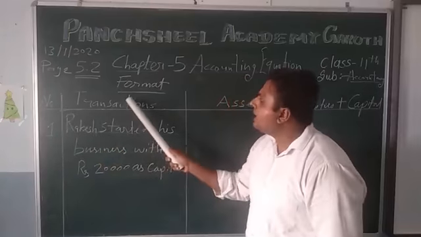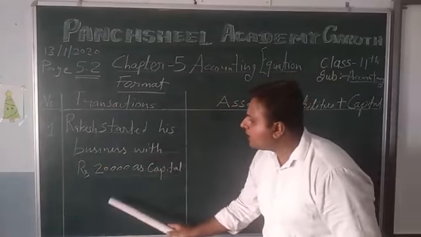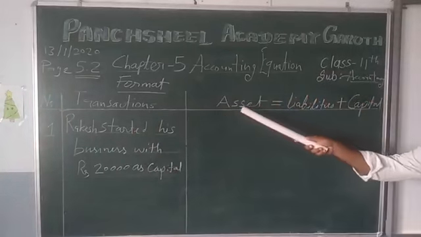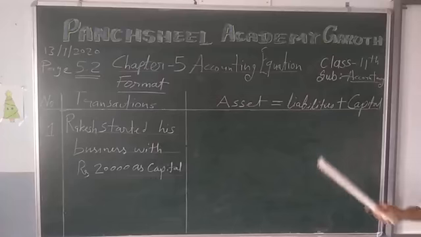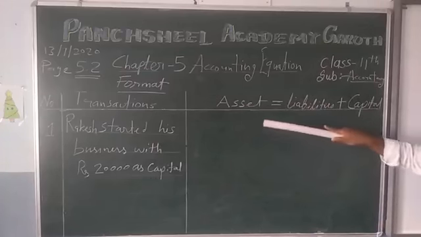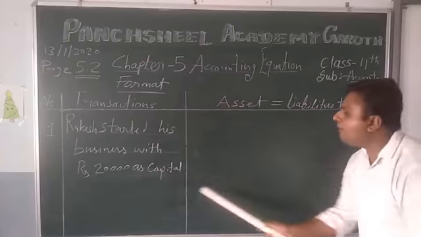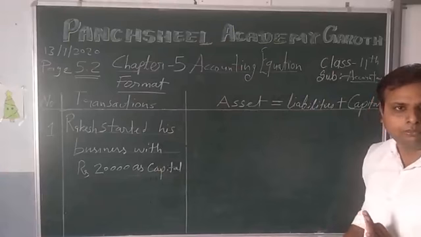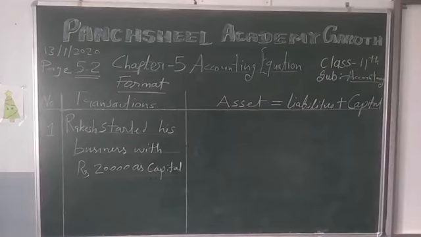Then the transaction column: whatever transaction is given in the question must be written in this column. Then the last columns, asset is equal to liability plus capital. That is the accounting equation, and whatever solution we do will go here. This is the total format of solving a question of accounting equation. Clear? Let's go through one by one.